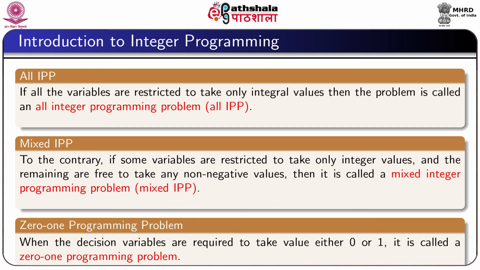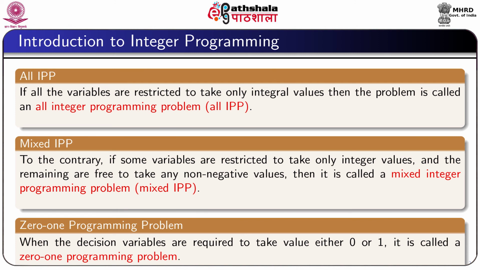Now, if p equal to n, that is if all the variables are restricted to take only the integral values, then the problem is called all integer programming problem or all IPP.